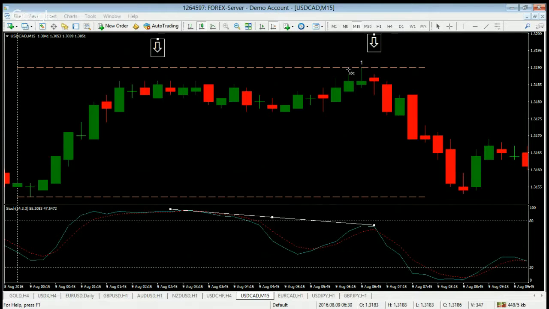Let me place 2 here, and let me place 3 here. So this is a swing: 1, 2, 3.